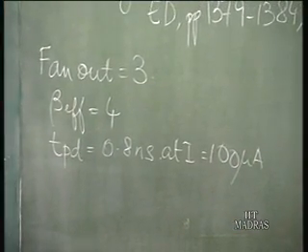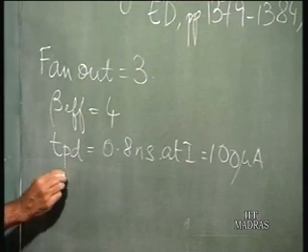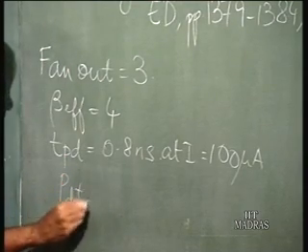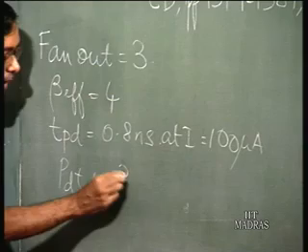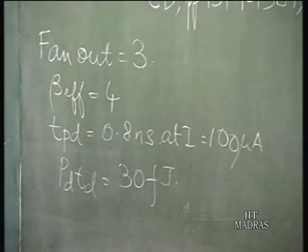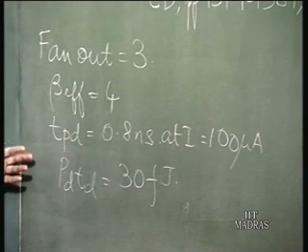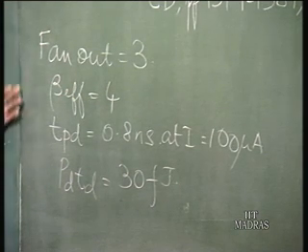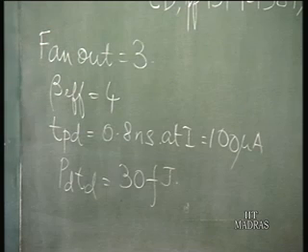So the power delay product was 30 femtojoule. You see that of course it is very remarkable results, much better than the previous results. So this is really a sub-nanosecond device.